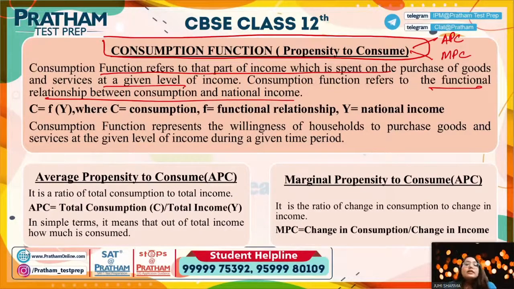Simple सी बात है. अगर इसमें आपको denote करना है तो क्या आएगा? C is equals to f(Y). Consumption is equal to functional relationship of national income, right?